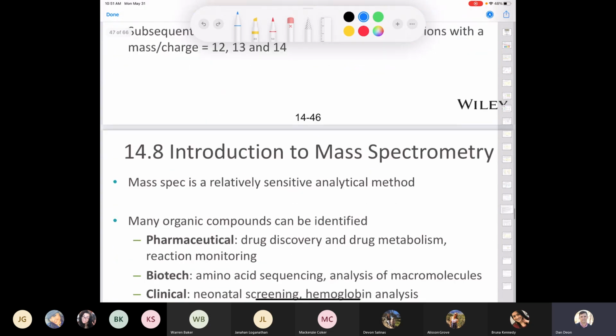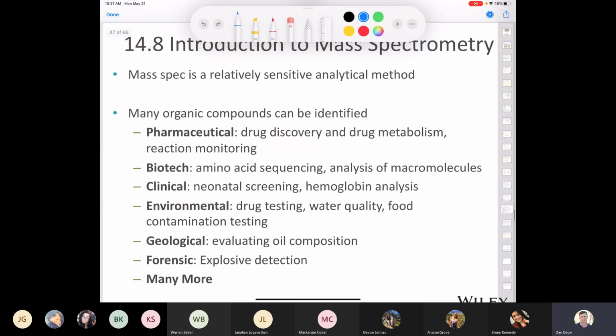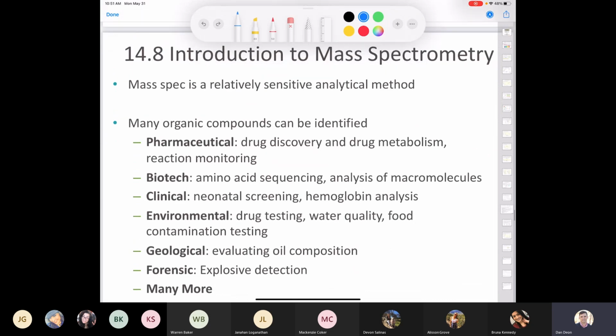Like I told you, mass spectrometry will come up in crime shows quite a bit because it's so important in forensic science, not only for explosive detection, but for monitoring reactions, drug metabolism, amino acid screening. There's a million uses for mass spectrometry.